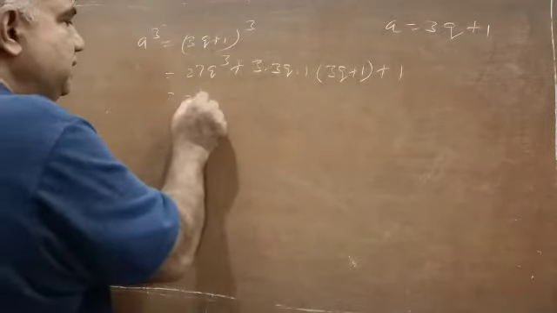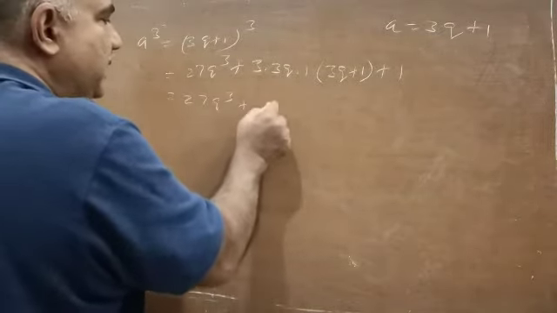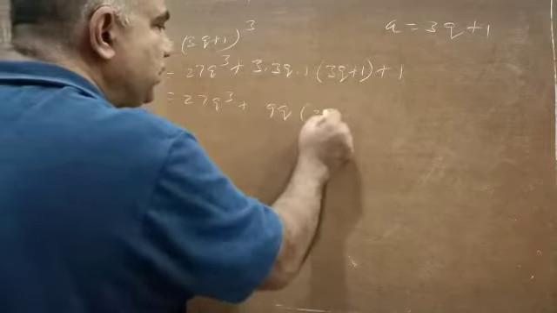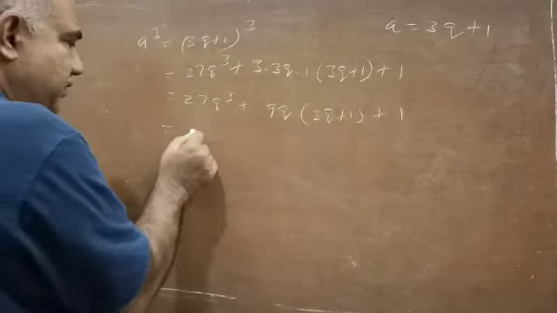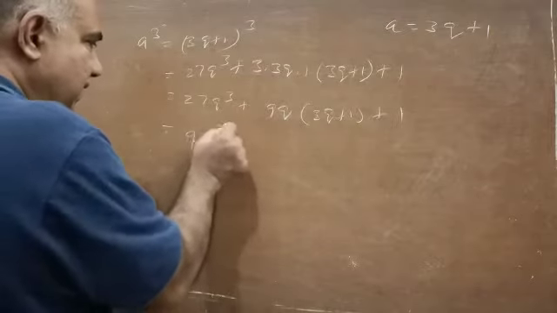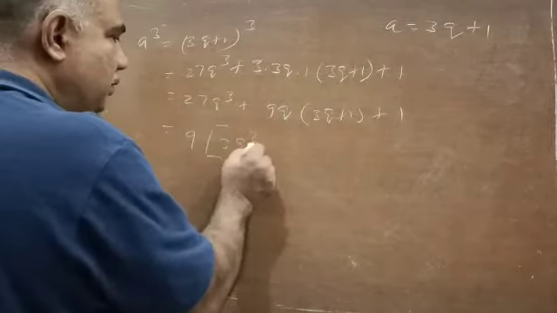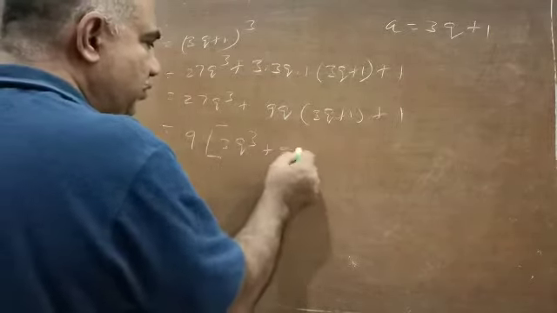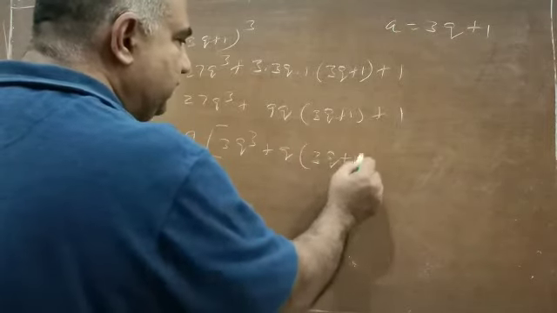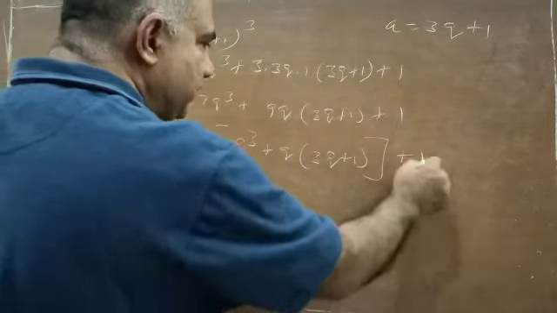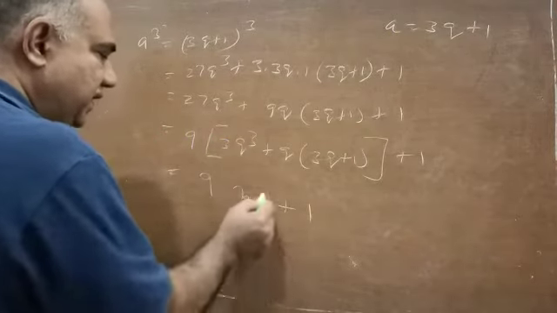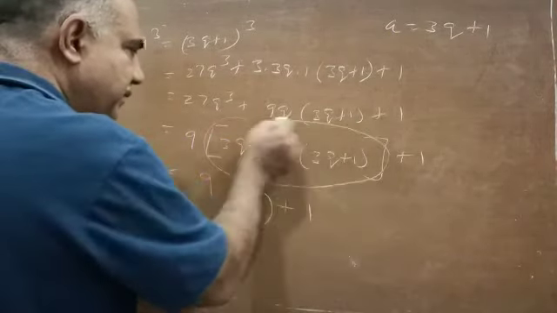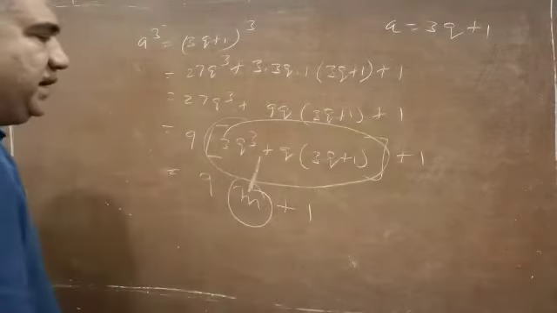So this becomes 27q cube plus 9q into 3q plus 1 and plus 1. Now from this 9 can be taken out as common. If I take out common 9, this will become 9 into 3q cube plus q into 3q plus 1 bracket close, and plus 1. Now this can be written as 9m plus 1, where the whole quantity is represented by m.